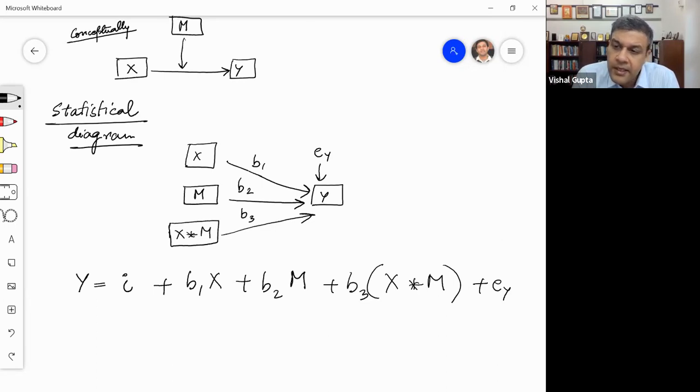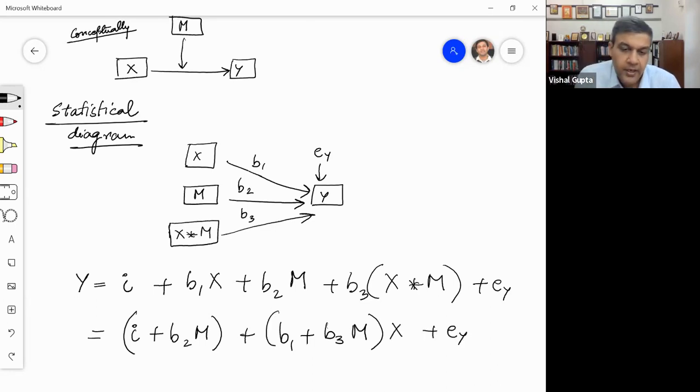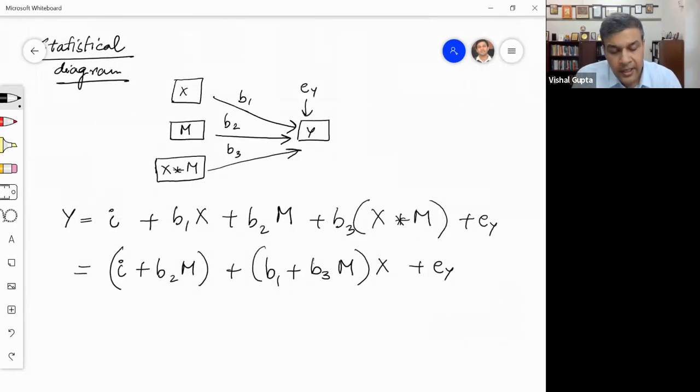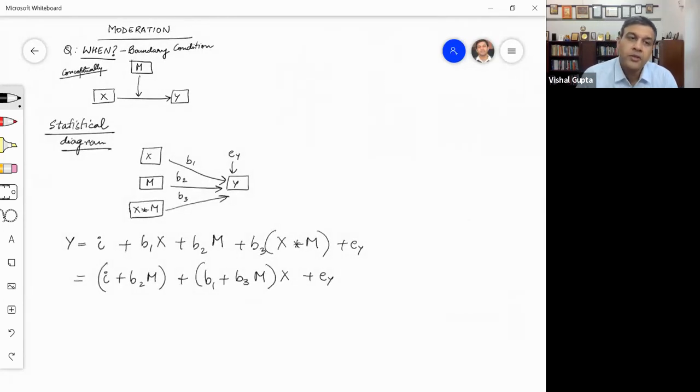Okay, so this is the representation. If I combine the terms, I can write it as I plus B2 times M plus, taking out the terms common with X, B1 plus B3 M times X plus E of Y. Okay, now look at this, and this is where it becomes really interesting when we start talking about moderations.